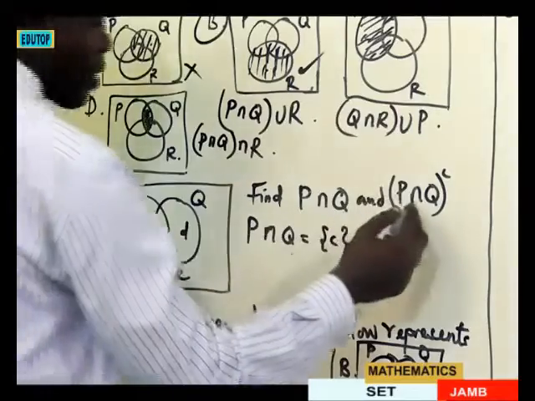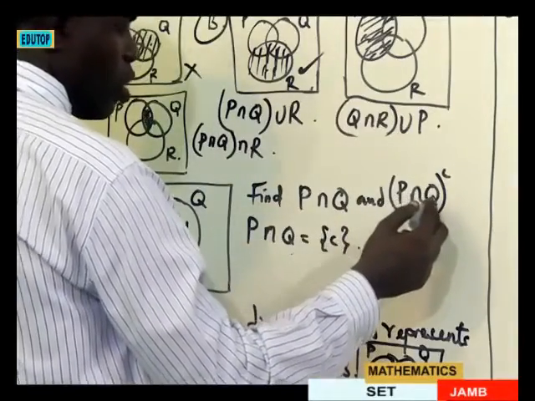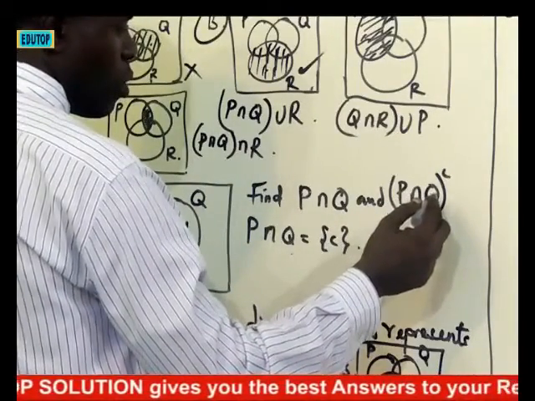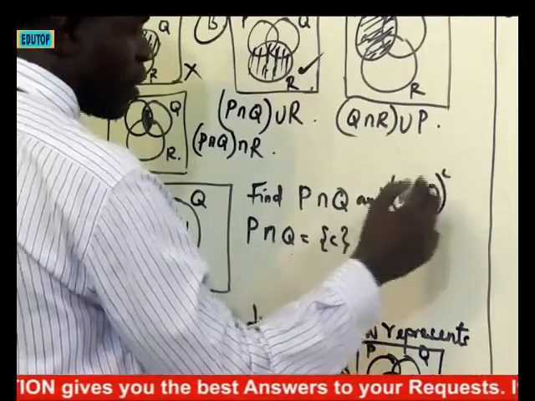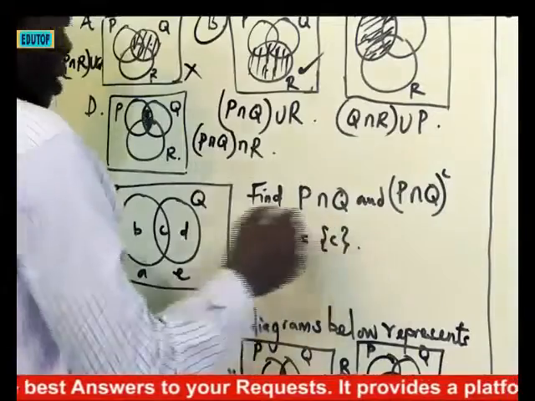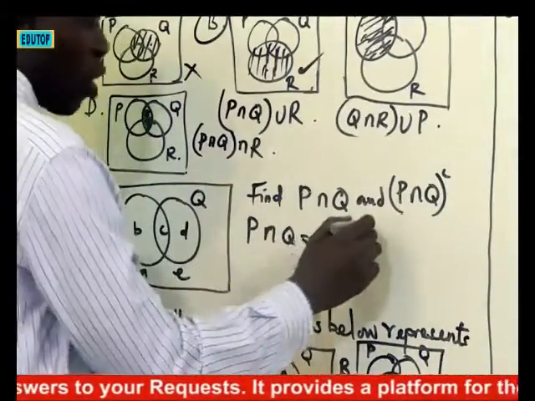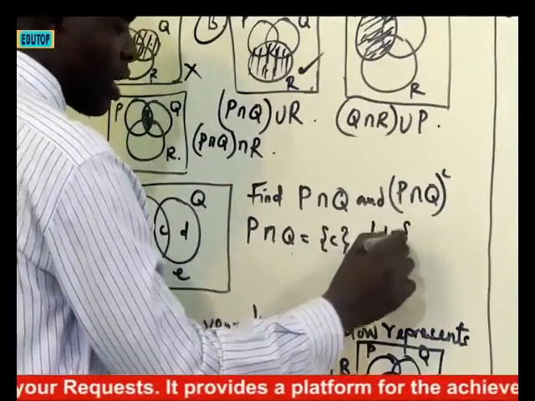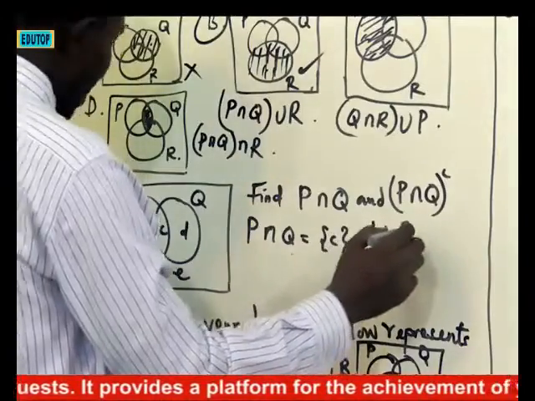Then P intersection Q complement, everything complement. That means if you look at this diagram now, if you have to draw your universal set, your universal set will be all the elements, that's the model of the set.